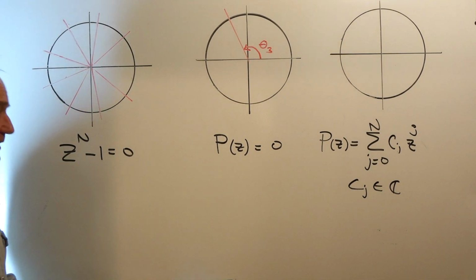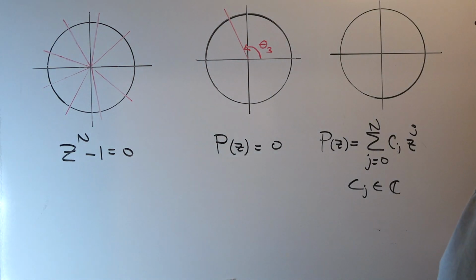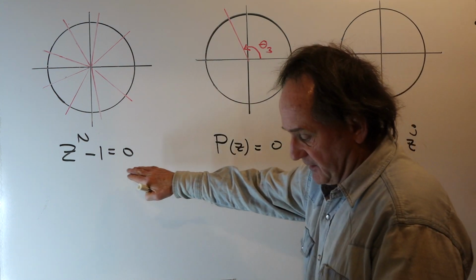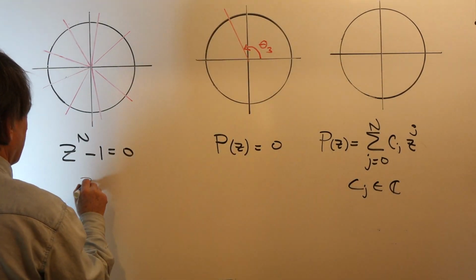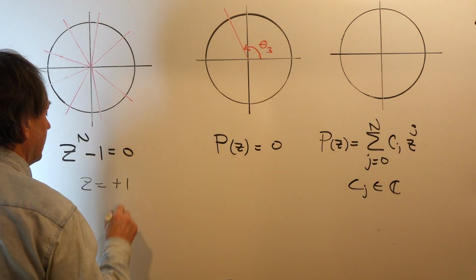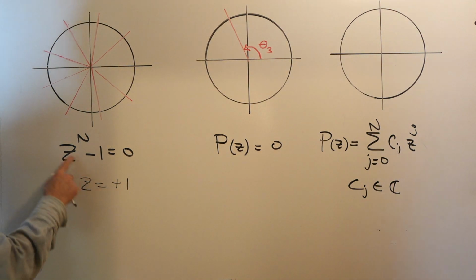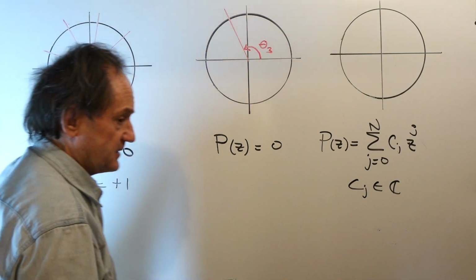So the question now is, how do we find the n roots of unity? First, it's important to know that an equation of this form has a root at z equals plus 1. We're always guaranteed that. You can see that when z is plus 1, real, this equation is satisfied.